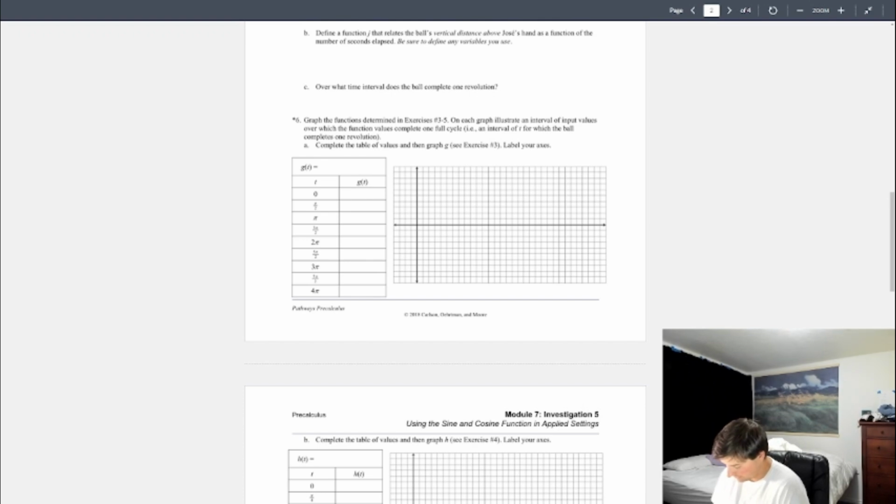Oh, okay. 3 pi, it's back to 0, 7 pi over 2 is negative 1. Okay, this is a very steep graph. Well, it's helping, but why is it steep? I thought the later ones were going to be steeper. But this is just 1 per second.